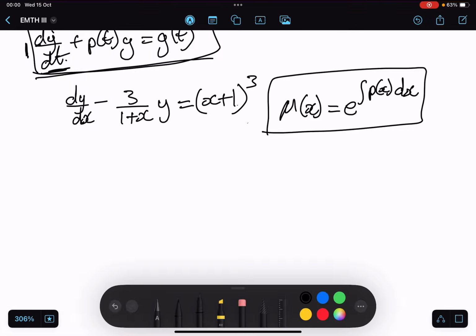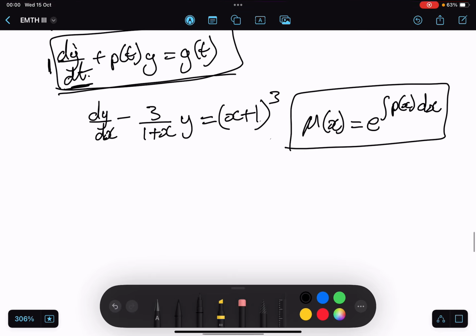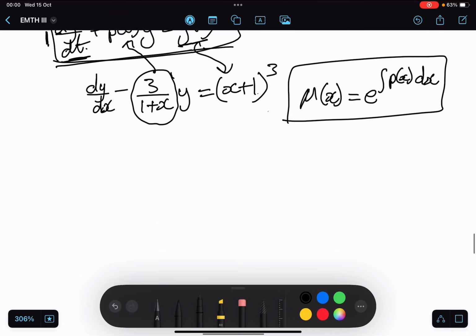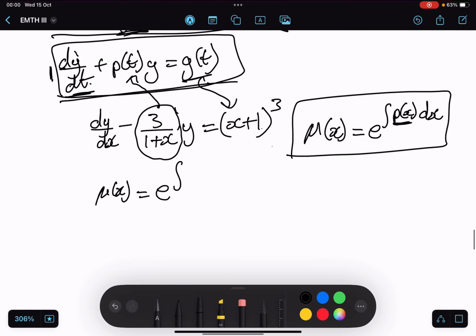This is how we find the integrating factor. In our case, this is p(x) and this is g(x). So u(x) is e to the power of the integral of p(x), which is -3/(1 + x) dx.